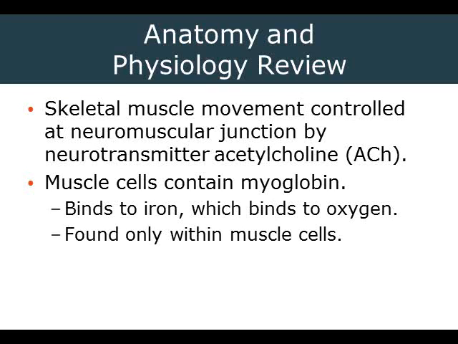And our muscle cells have something called myoglobin in them, and it binds to iron, which binds to oxygen, and they're found only within the muscle cells. So when muscles are starting to be damaged, they can release some of this myoglobin.